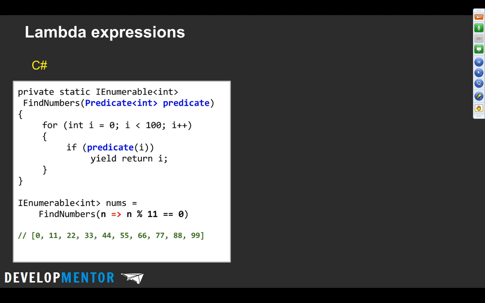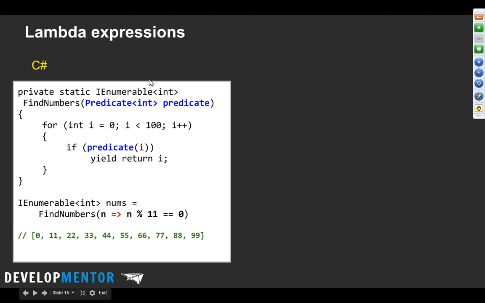All right, lambda expressions. One of the things that's fantastic about C# is lambda expressions. These whole anonymous delegates, and you can write this really, really simple code. So over here, we've got this FindNumbers method right here. Let's imagine all the numbers are from 0 to 100 or something like that.